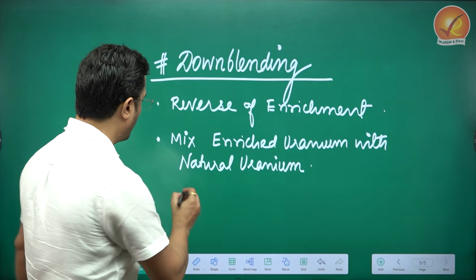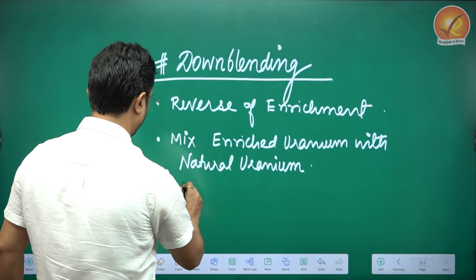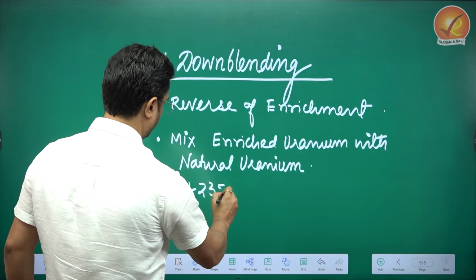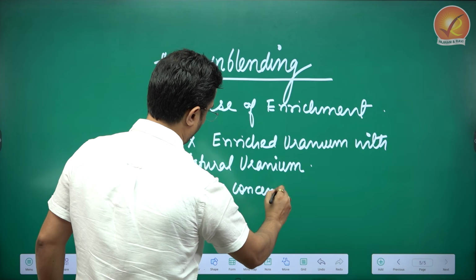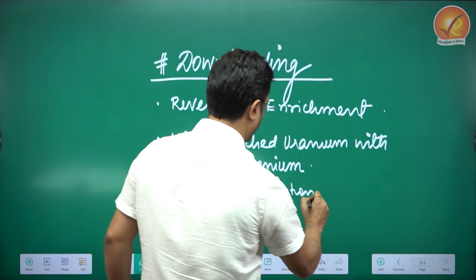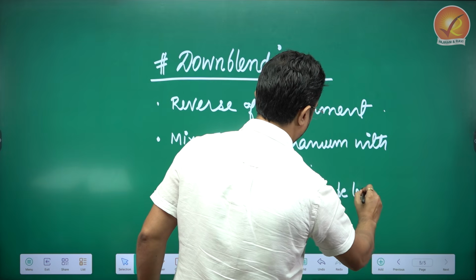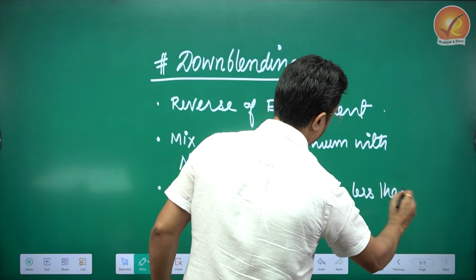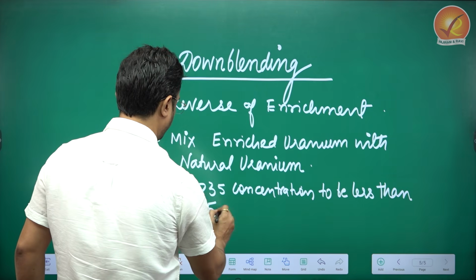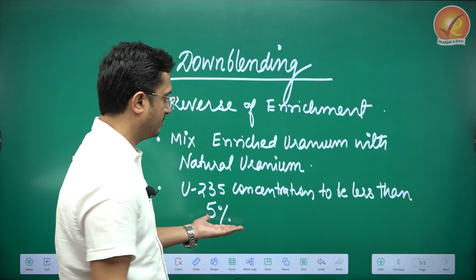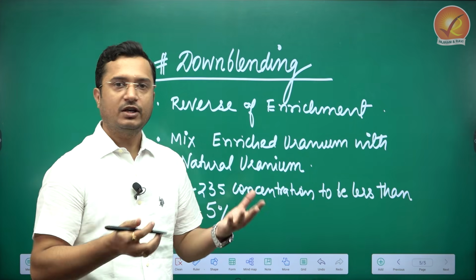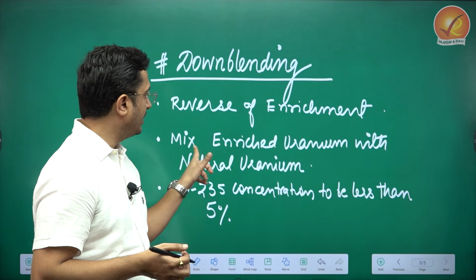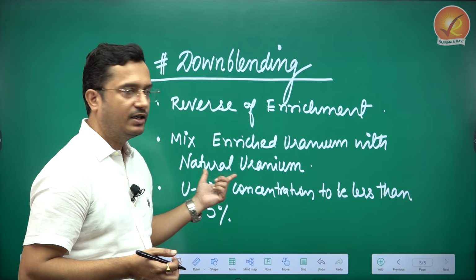So they want to bring the concentration down to less than 5%. This is called downblending: with the enriched uranium they are mixing natural uranium.